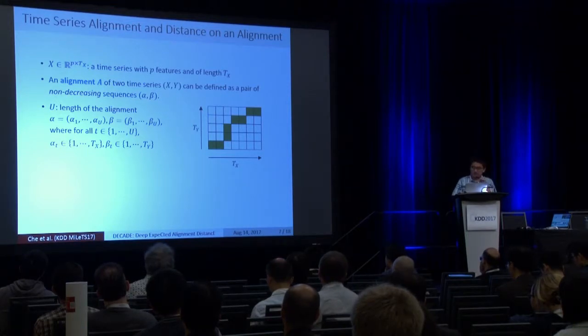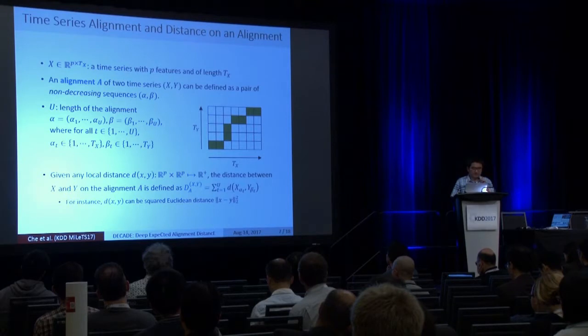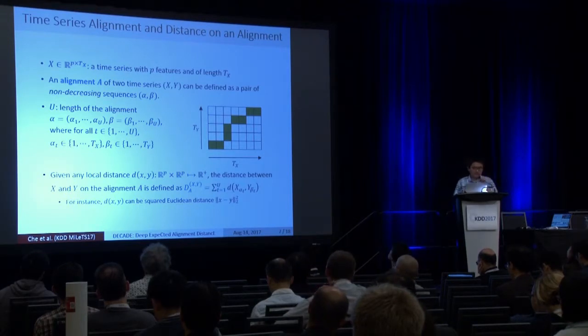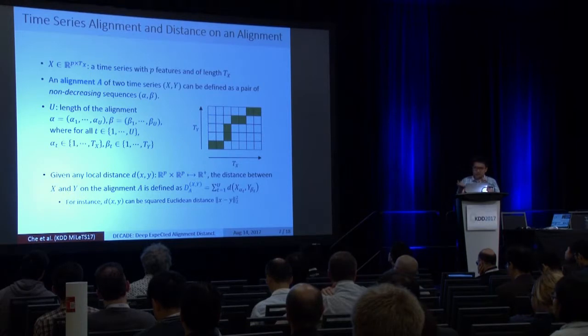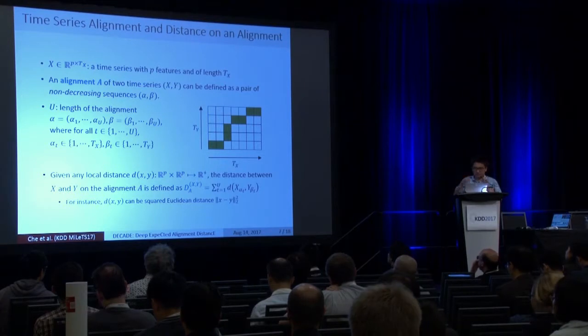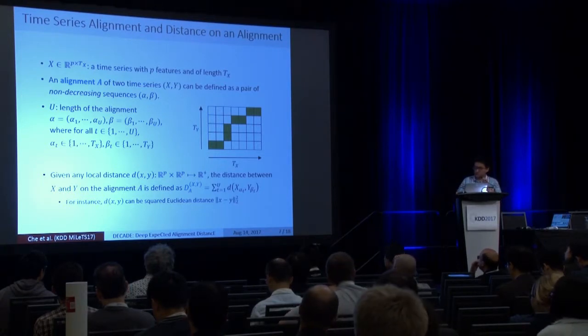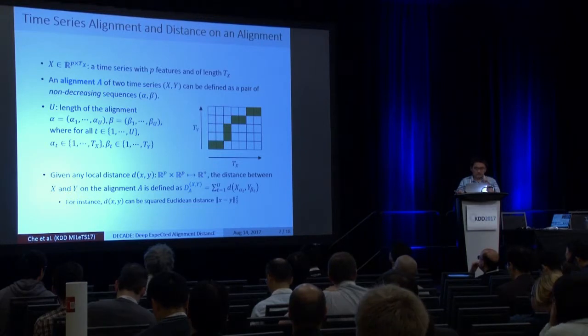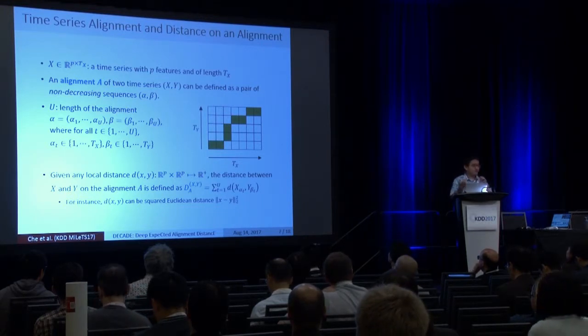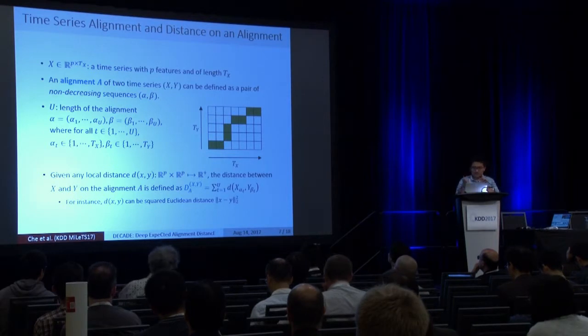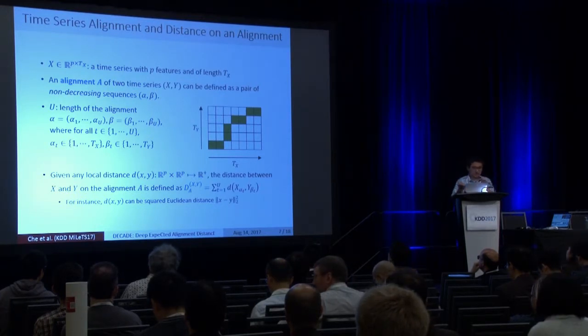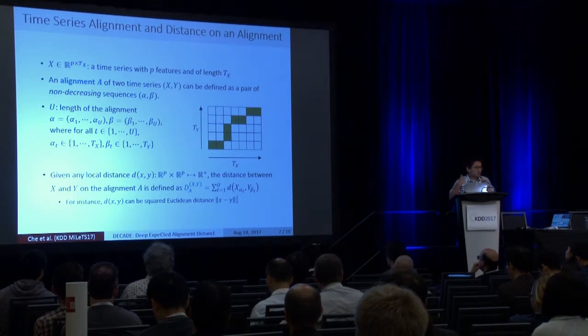And given an alignment and the time series X, Y, we define a local distance dxy, which is defined at each time frame, as a function mapping two p-dimensional vectors to one positive value. Then the distance between X and Y on the alignment is defined as the summation of all the local distances along that alignment. Usually people will take the squared Euclidean distance or something else, like cosine similarity, as the local distance.